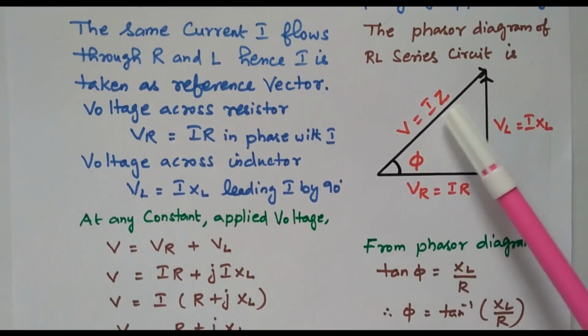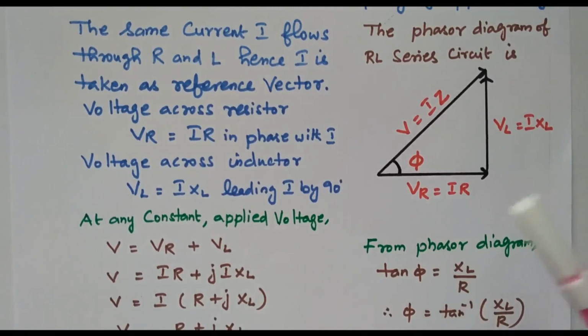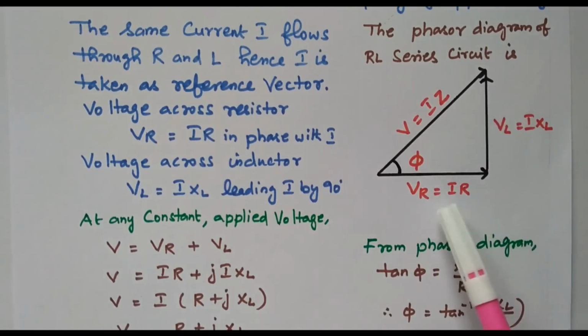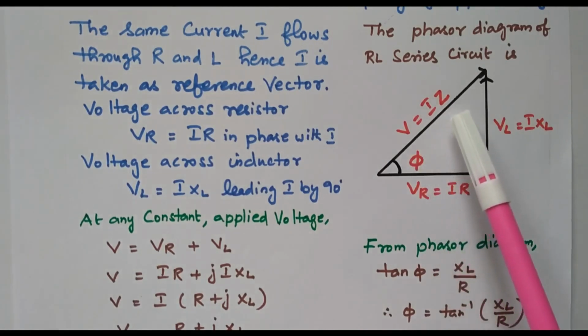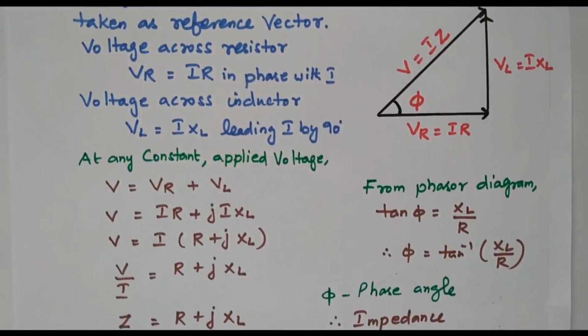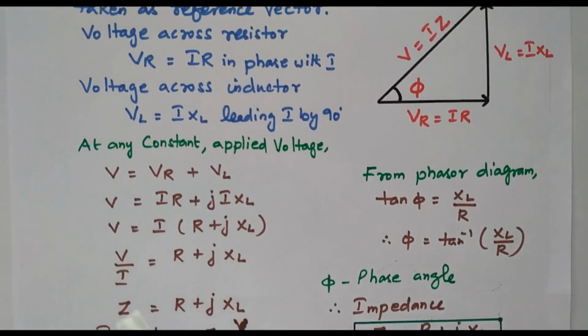That is I into Z, where Z is the impedance. So from this phasor diagram, we can go for further analysis.